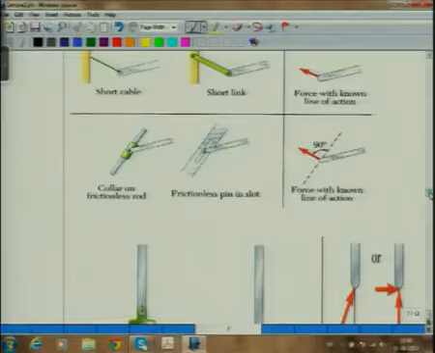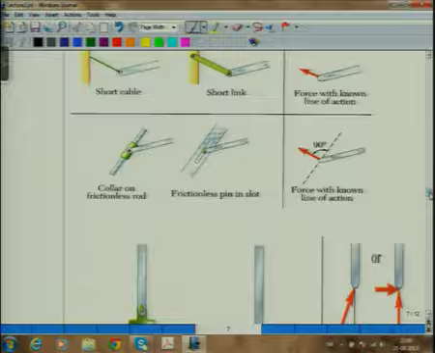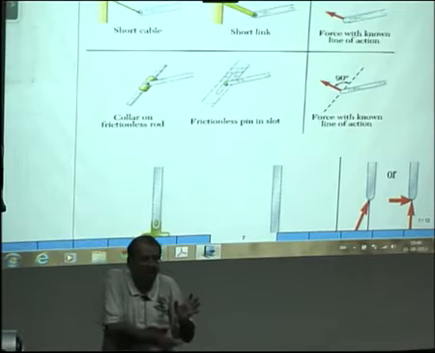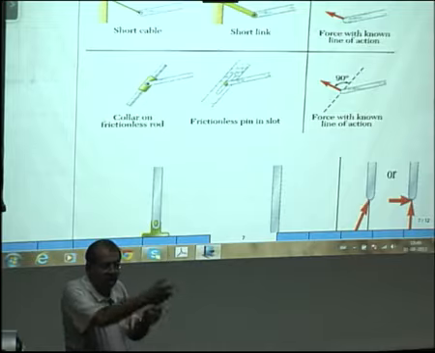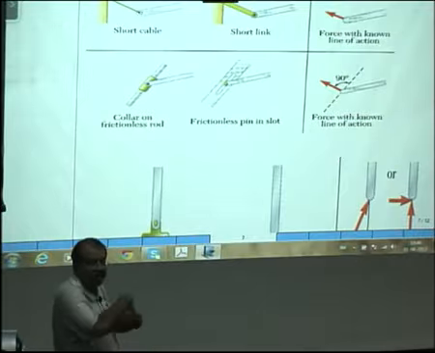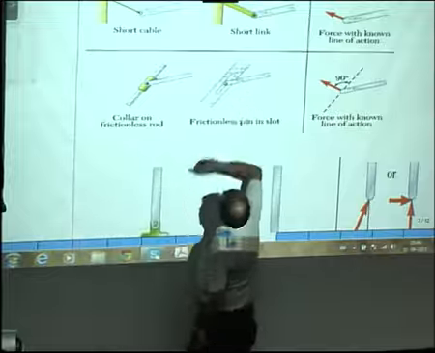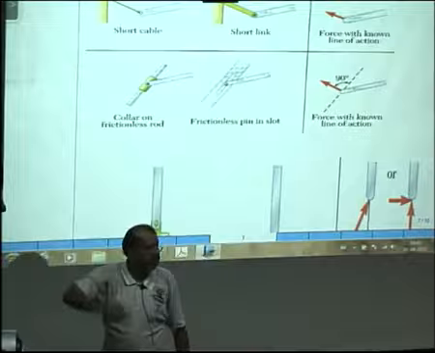Then we have the case of a collar on a frictionless rod. So we have this rod, we have the link connected, and the link is sitting on the rod, connected through a collar which is frictionless. Or we have a pin which can move in a frictionless slot.